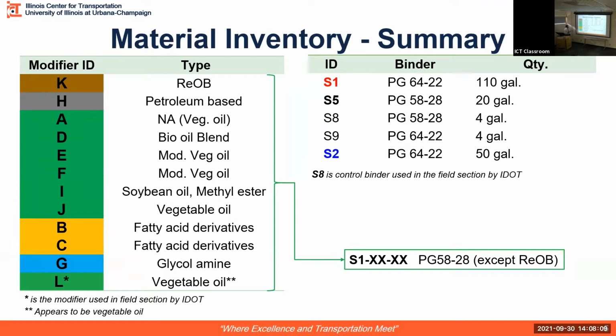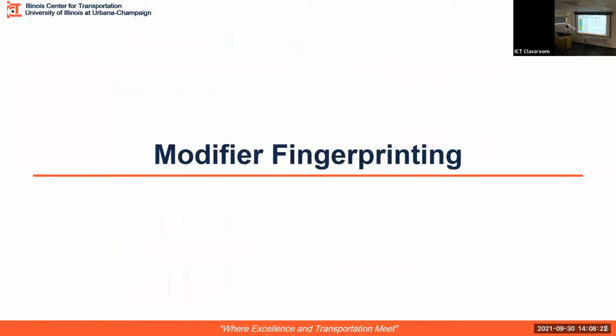There were a bunch of other unmodified binders used in the study to accomplish different tasks. However, I'll not touch on these binders in detail because of the time restrictions we have. So we'll primarily cover the effect of modification on S1.